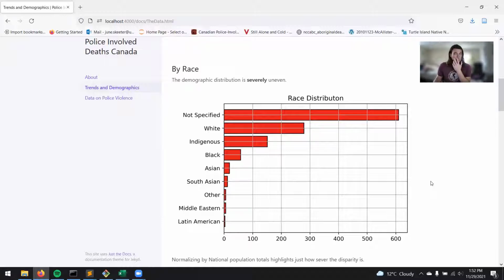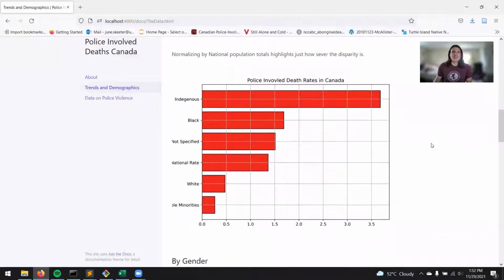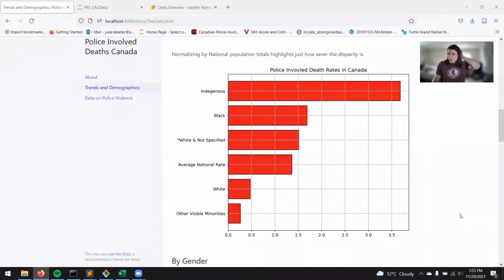Also, they don't report the demographic information for the significant majority of victims of police killings. But with that said, you can use data normalization techniques to highlight that even given that, there's still severe disparities here. If you get the national demographics data, you can use data normalization to highlight the severity.